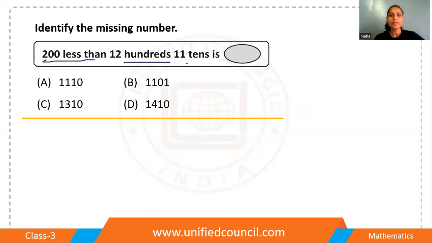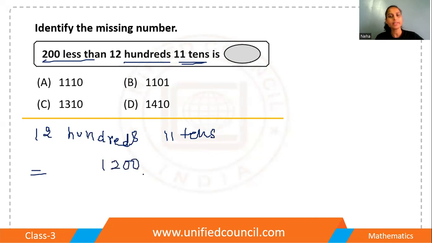200 less than 1211 tens is, okay, so this is 1200 and 11 tens, right? So 1200, that means I can write 1200 plus 11 tens, that means 11 times 10. 1200, 12 times 100, 11 times 10, right? So this is 1200 plus this is 110.